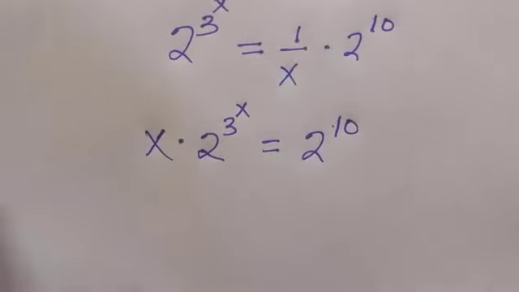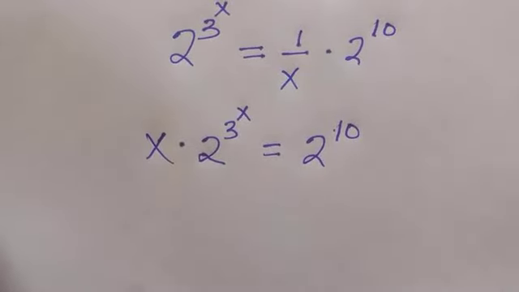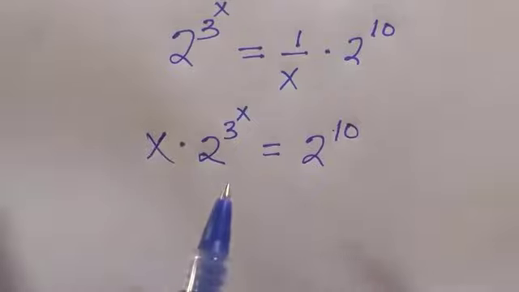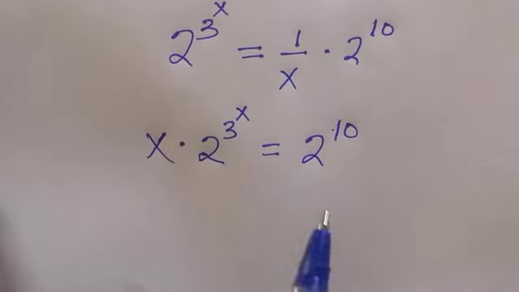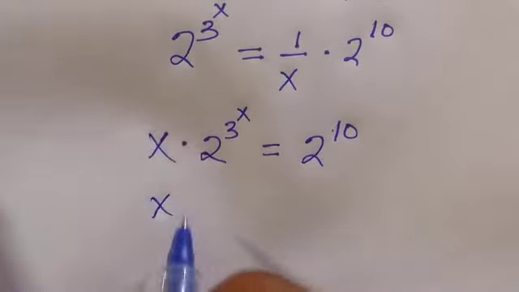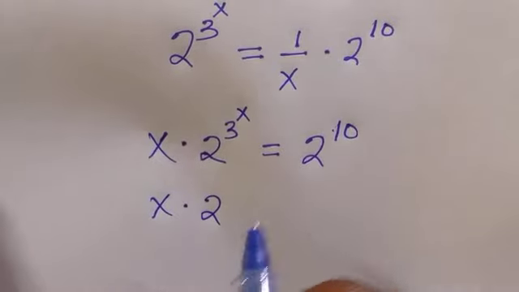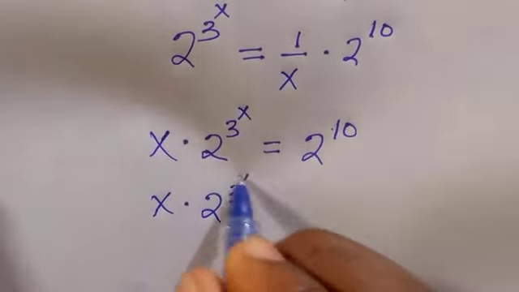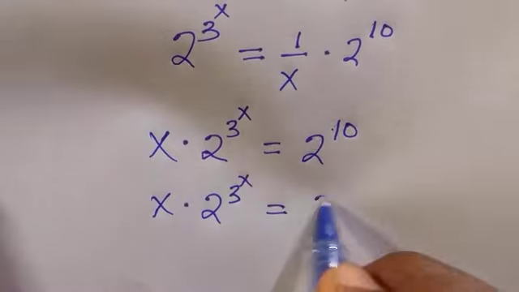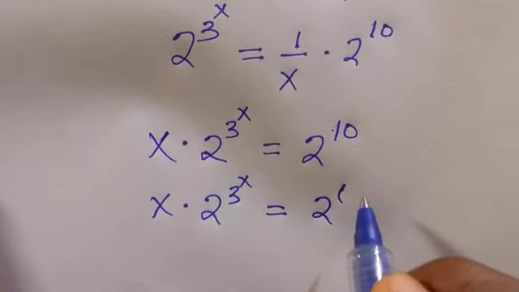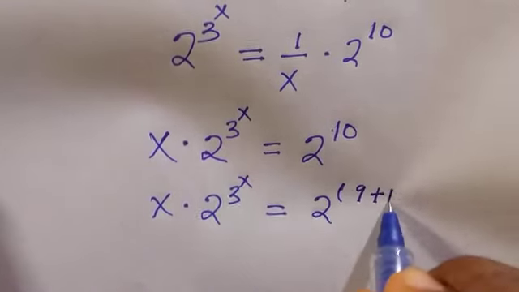And here is a non-standard exponent equation, and to solve it, we are going to make sure that we have x dot 2 to the power of 3 raised to the power x, and we write this power of 10 as 9 plus 1.